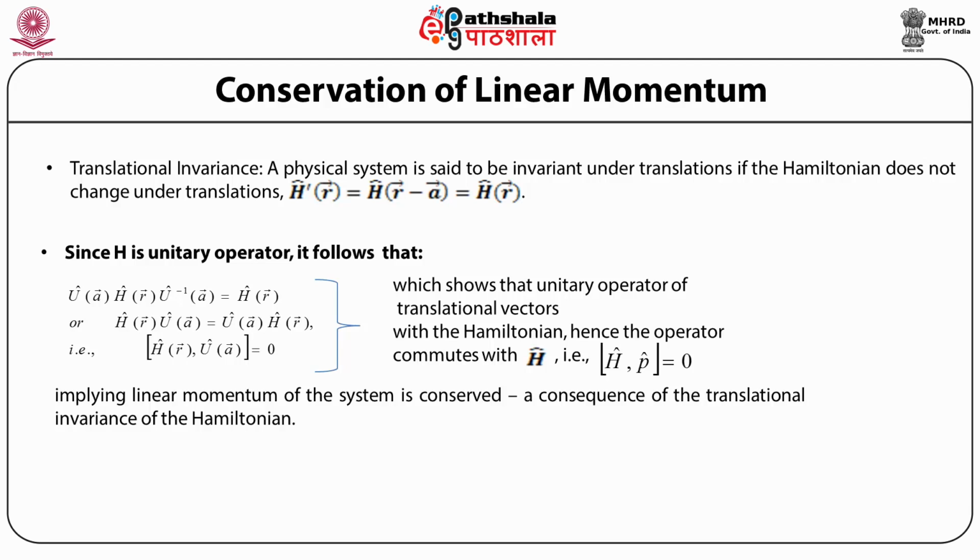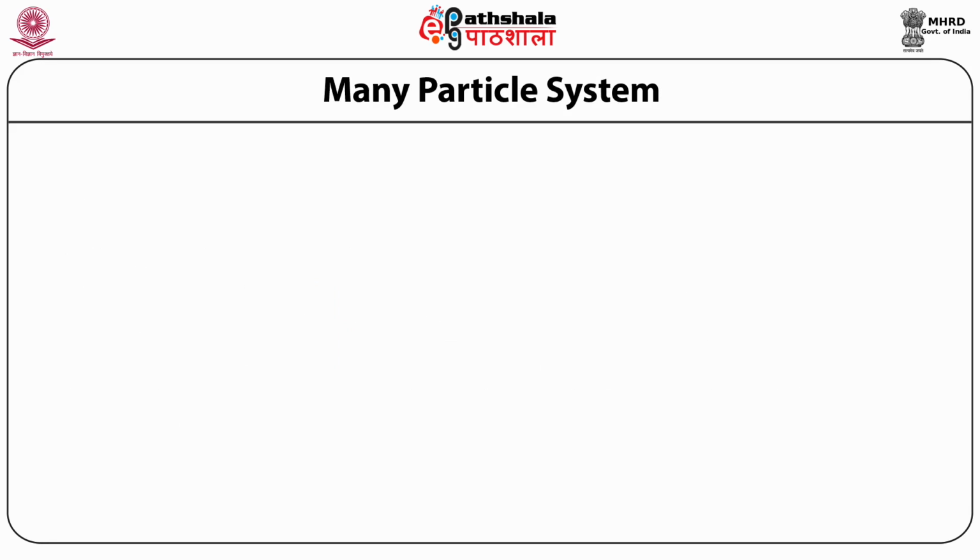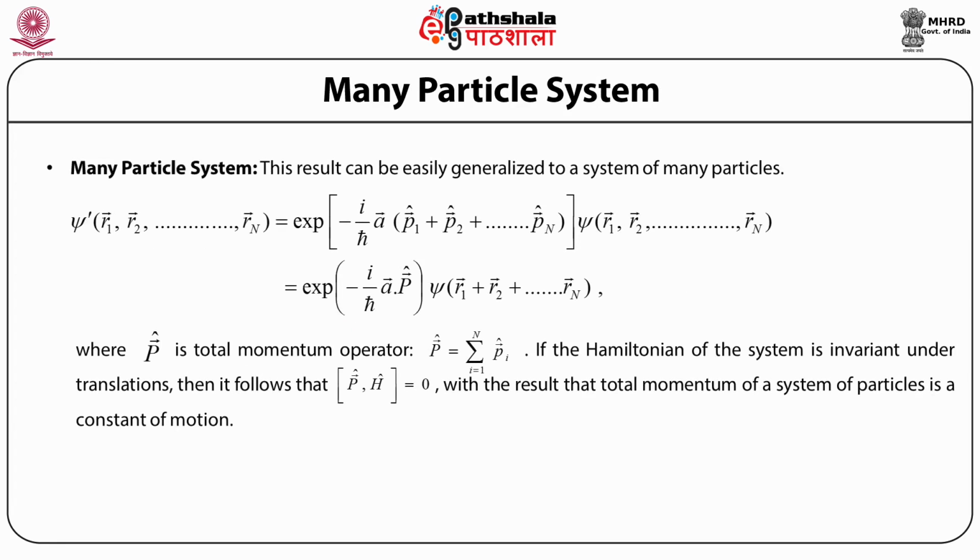So in the present case, from this we can deduce that since the commutator of the Hamiltonian and the momentum operator turns out to be 0, hence the linear momentum of the system is conserved, a consequence of the translational invariance of the Hamiltonian. Many particle system.